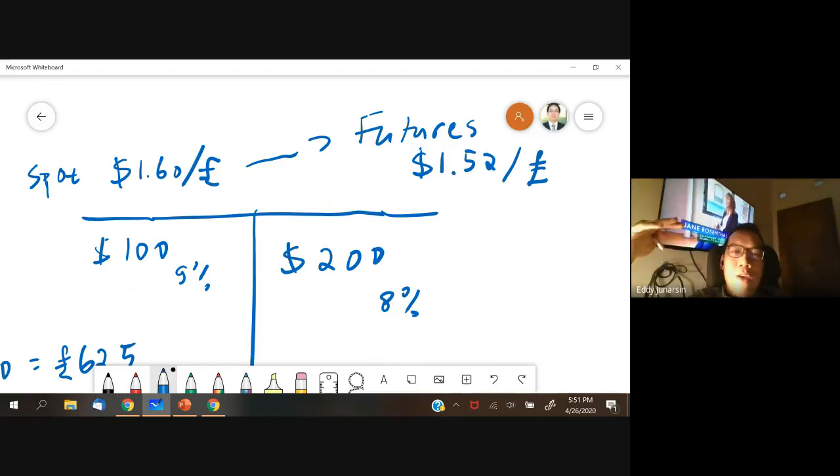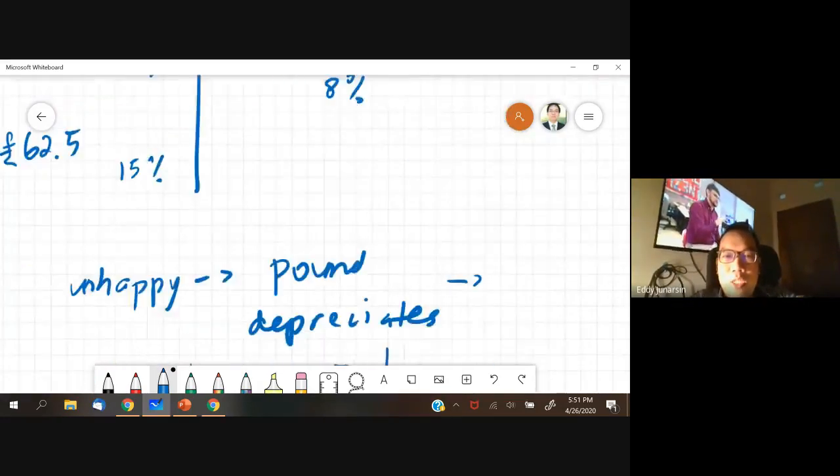One more time, right? You have UK pound, you have your assets in UK pound, some of them. So you will be unhappy if UK pound depreciates, right? So because you're afraid of depreciating pound, then you take the short pound position.